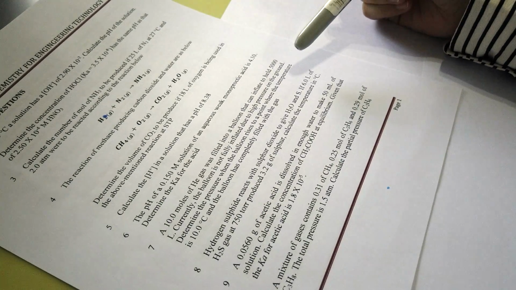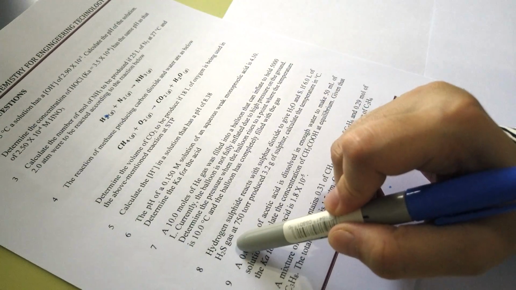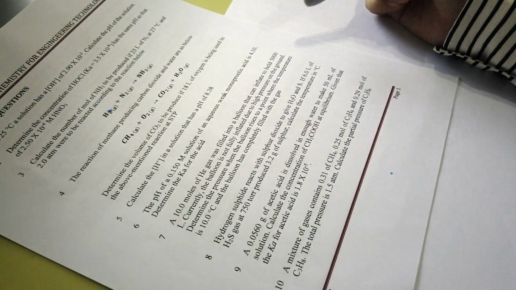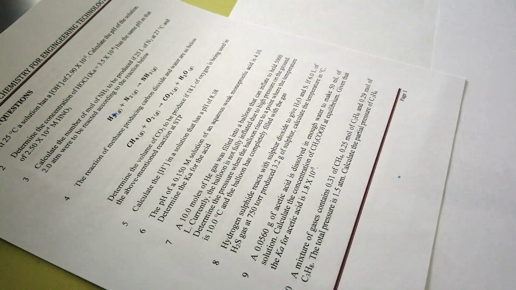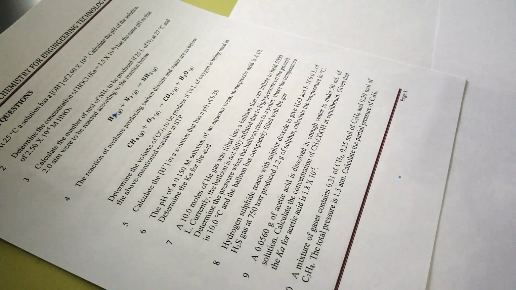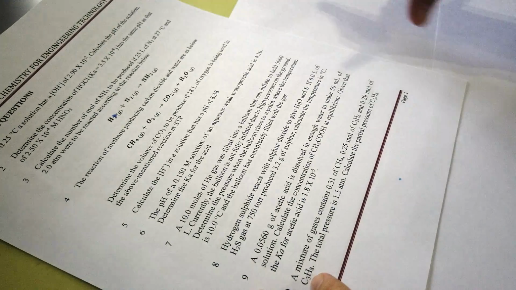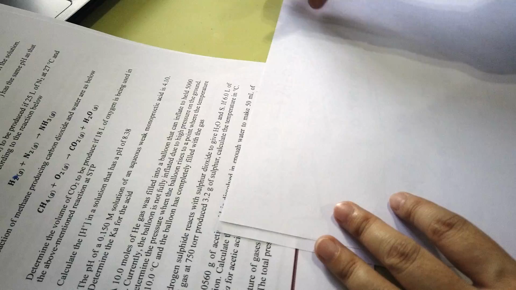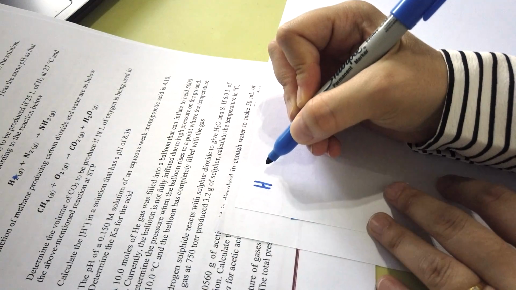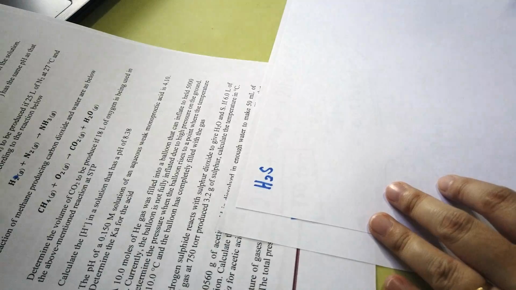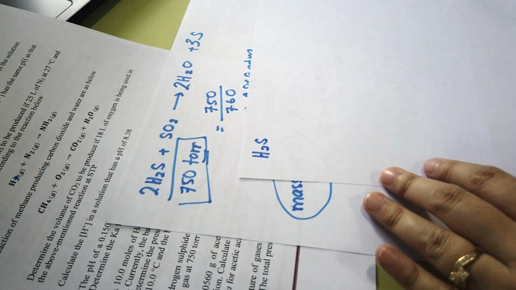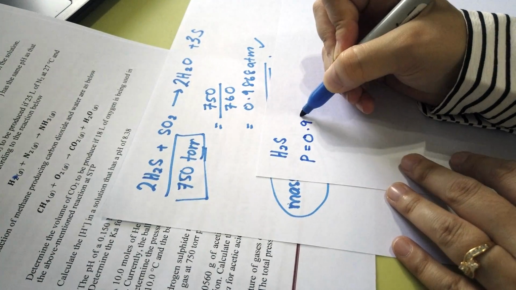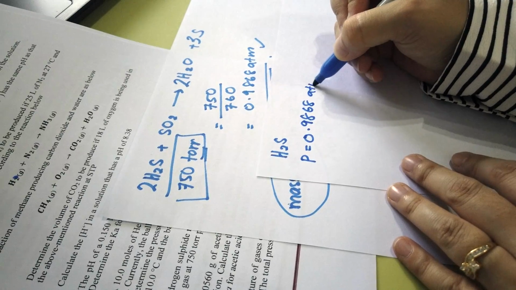So the question said that 6 liters of H2S gas at 750 torr produce 3.2 gram of sulfur. Calculate the temperature in degrees Celsius. What we have calculated now is the number of mole of sulfur. If we were to talk about H2S, we will have the pressure equivalent to 0.9868 atm.